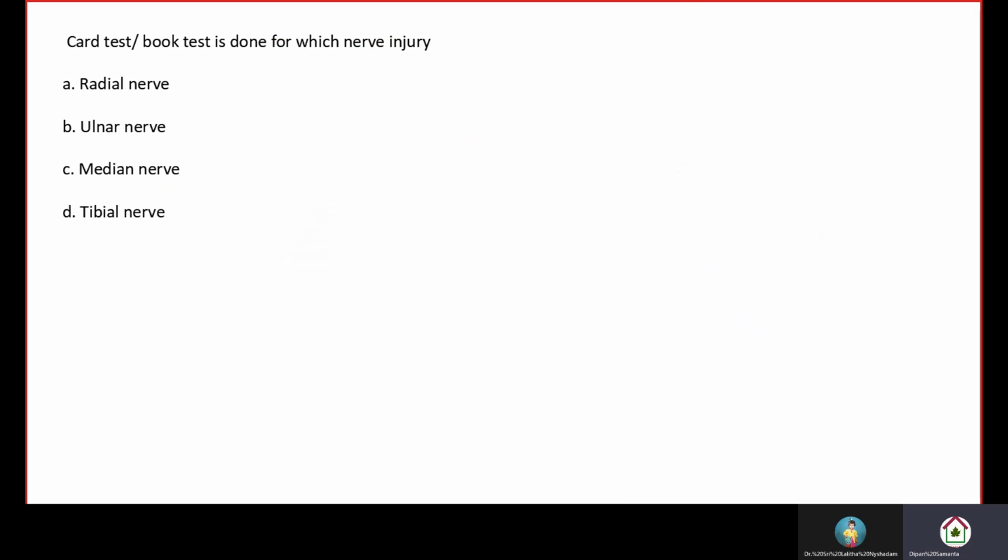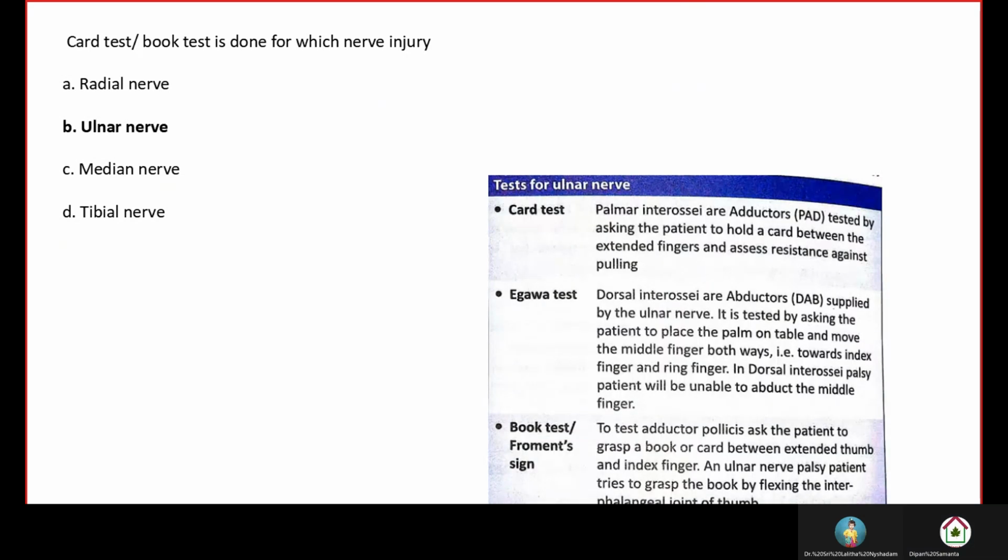Book test or card test is done for which nerve injury? Radial, ulnar, median, tibial. So card test or book test: palmar interossei are adductors, tested by asking the patient to hold a card between the extended fingers and assessing the resistance against pulling.